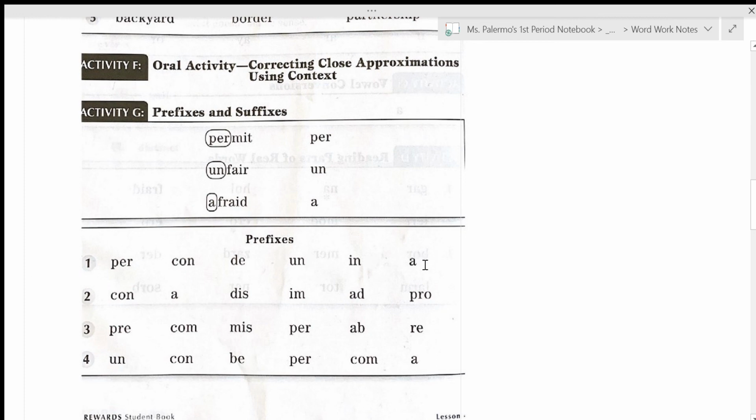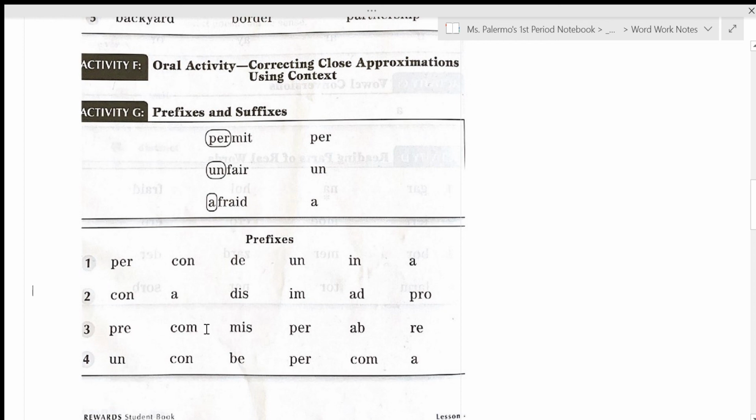In. Line 2. What prefix? Con. What prefix? Dis. What prefix? Im. What prefix? Ad. What prefix? Pro.